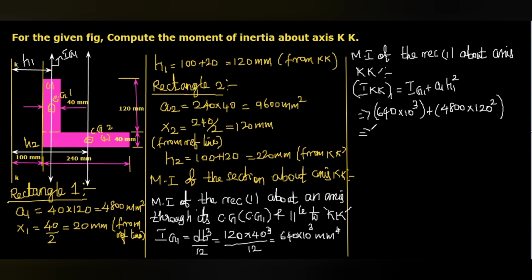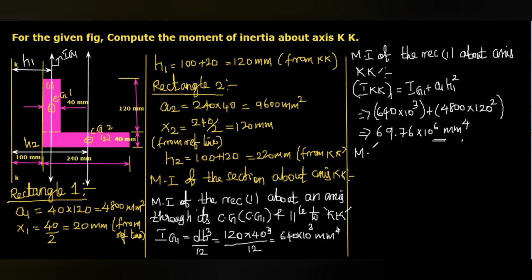When you simplify, the value of IKK1 will be 69.76 multiplied with 10 power 6 mm power 4. Same way we have to calculate IKK2.